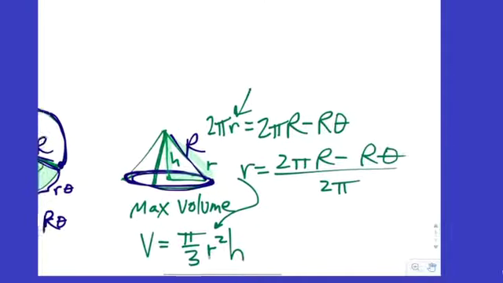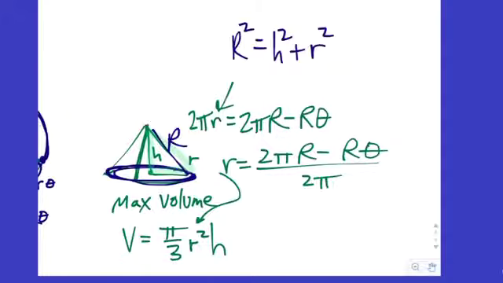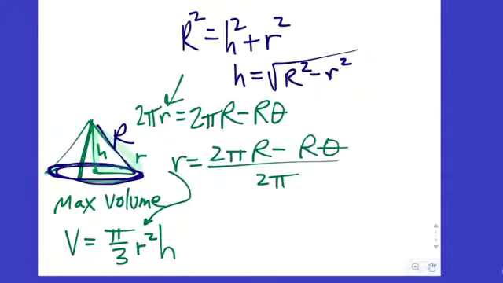So by the Pythagorean theorem, big R squared, a constant, equals h squared plus r squared. And of course, you could solve that for h. It's equal to the square root of big R squared minus r squared. Since you can write h in terms of little r, and little r in terms of theta, you can write h in terms of theta, and then plug both of them in here.